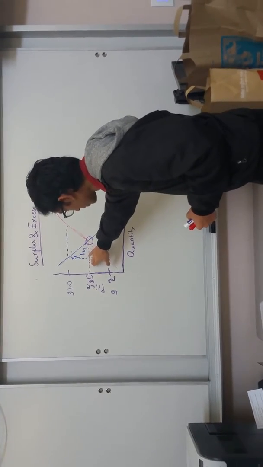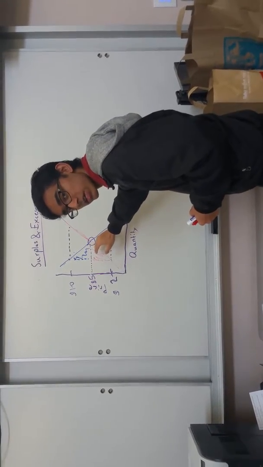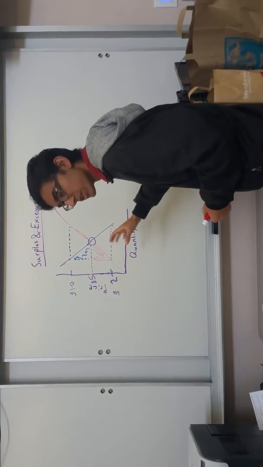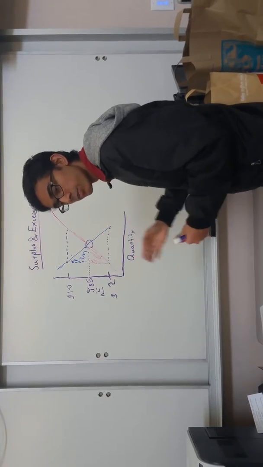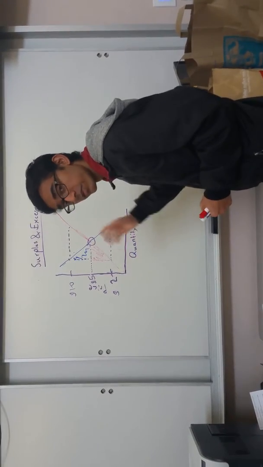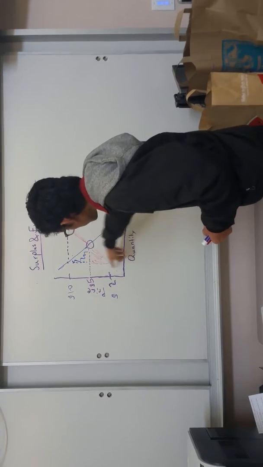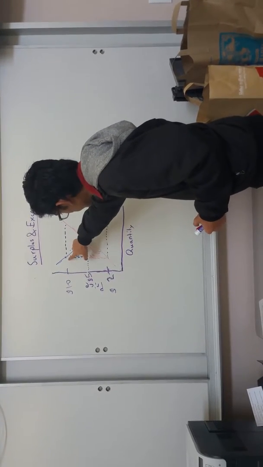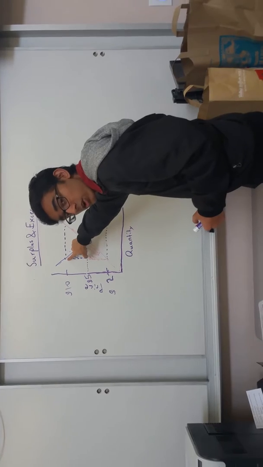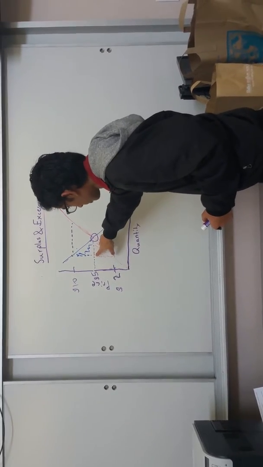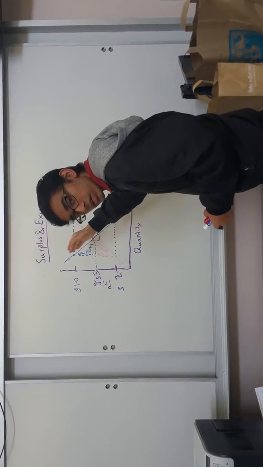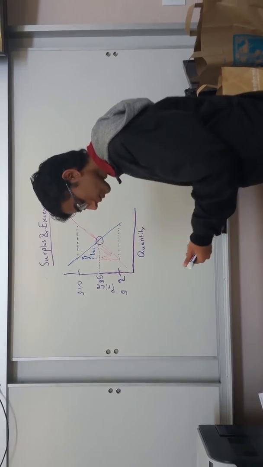However, because the market or equilibrium price is $5, they actually have some level of surplus because they're paying less than what they actually value it for. So for example, this consumer right here, who values this good at $10, is able to buy it at $5, so therefore has a surplus of $5.